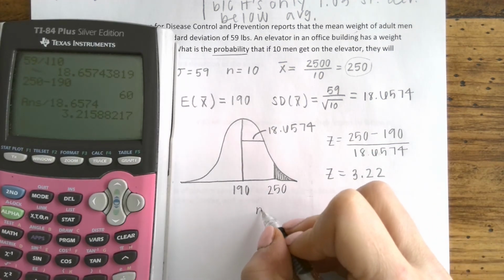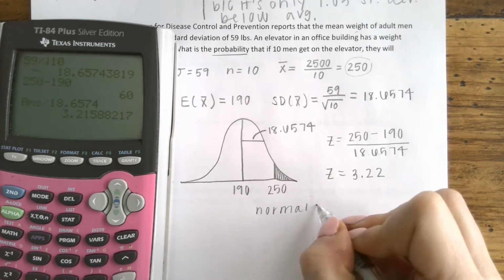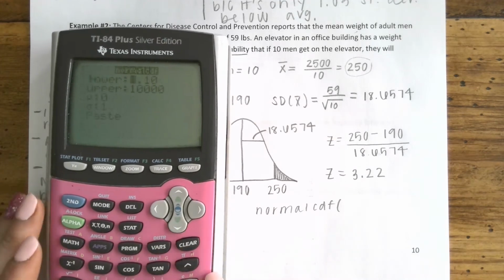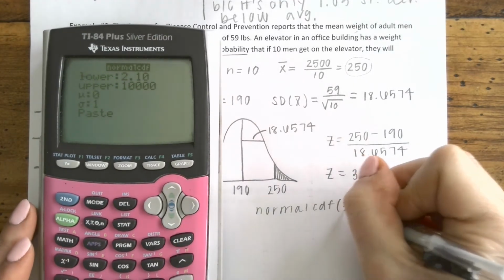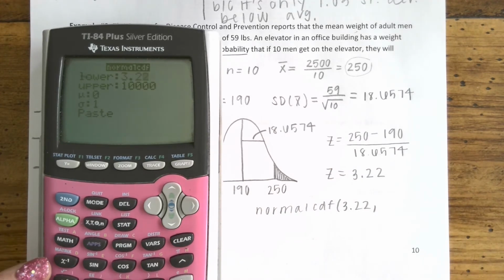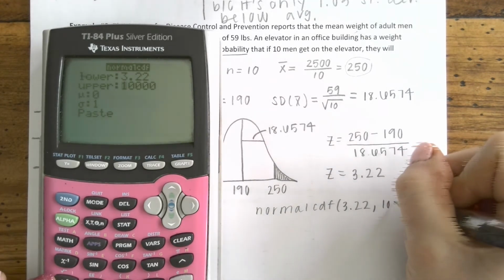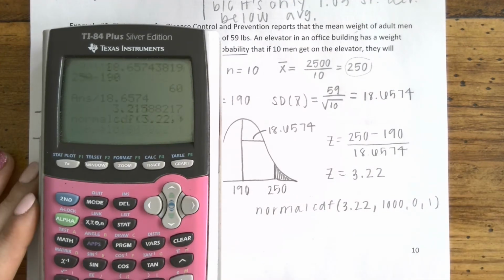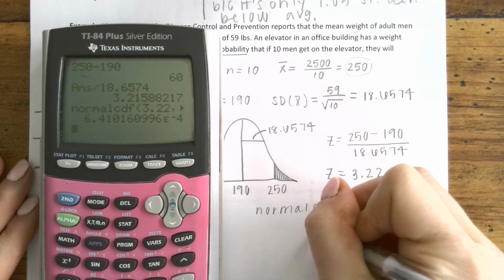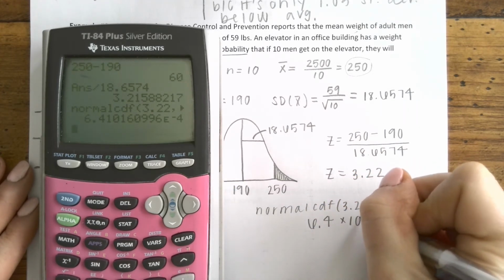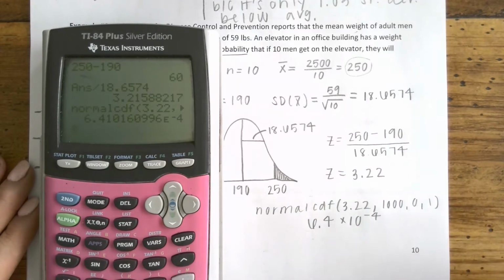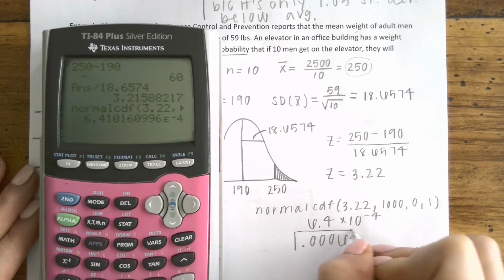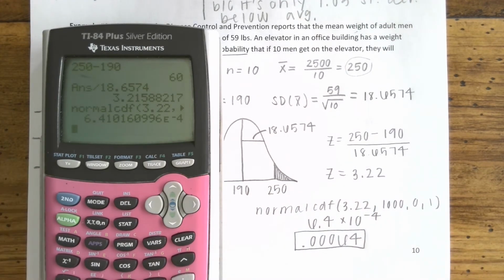And then we can use our normal CDF to find that actual probability. My lower bound is that z-score we just found. Upper bound is just a very large number. Mean and standard deviation stay the same. And we get 6.4 E negative 4, so times 10 to the negative 4. So very, very small probability here that 10 random men will overload the elevator.